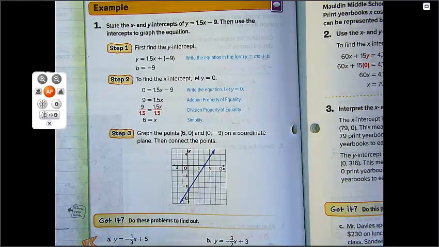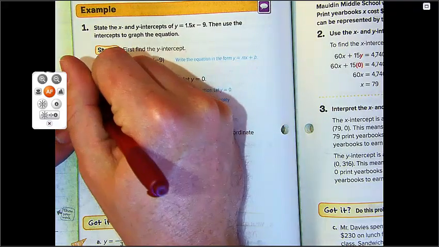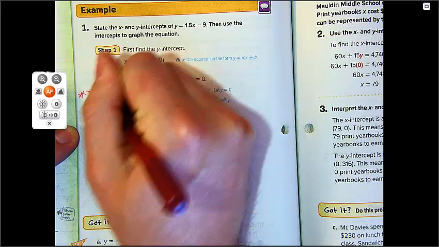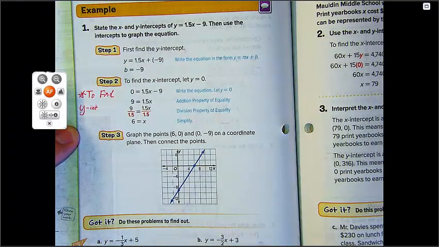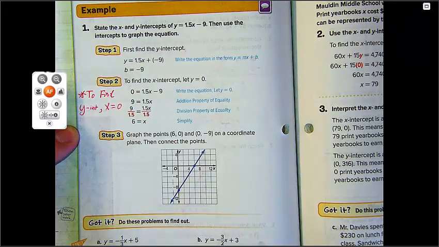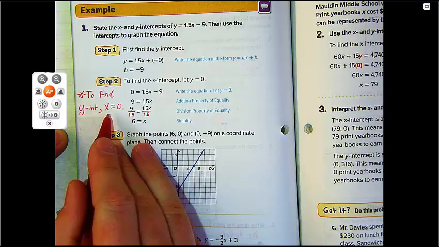Now I'm going to give you a key thing you probably want to write out to the side here, okay? To find y-int, that means y-intercept, x equals 0. So to find the y-intercept, you make x 0.